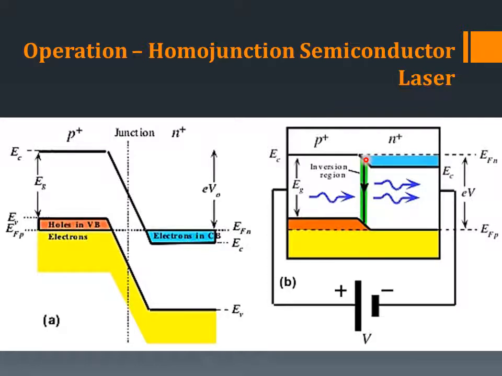Due to the injection of these minority carriers at the active region, there is a recombination of the electrons of the N type with the holes which are there in the P type. This initial recombination leads to the emission of spontaneously emitted photons.